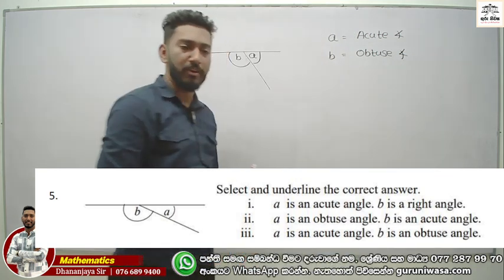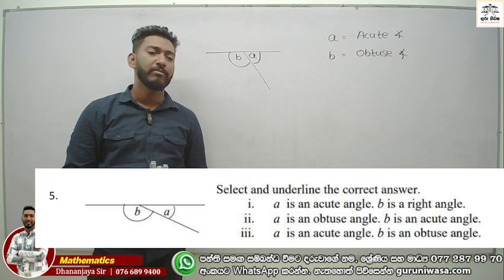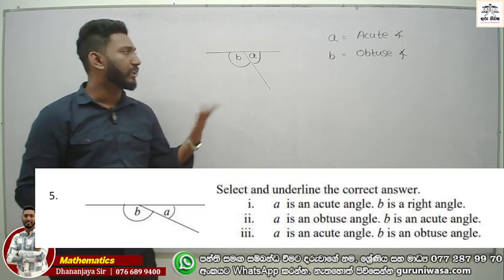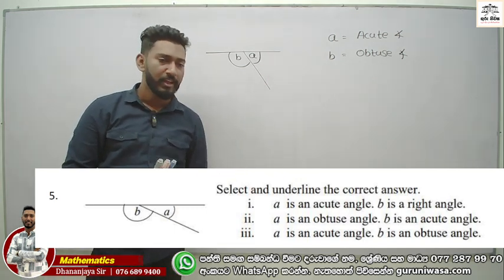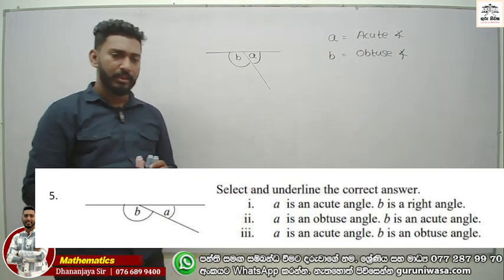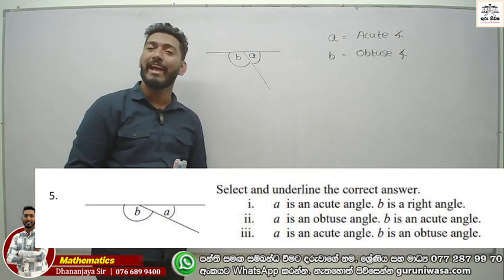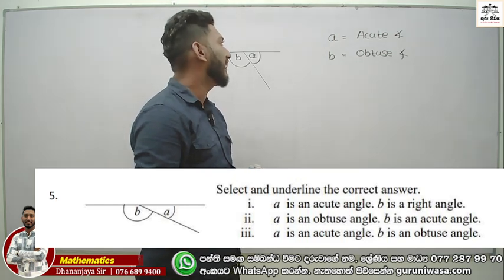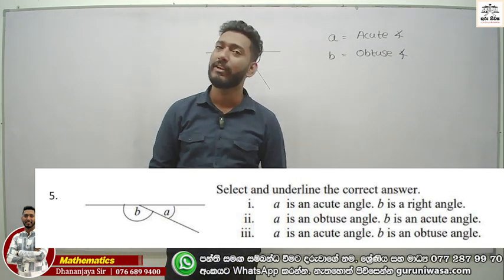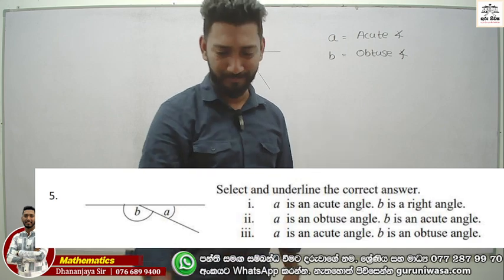Let's read. The first one is wrong. The second one, A is an obtuse angle, is wrong. The last one, simple A is an acute angle, it's okay. Now simple B as an obtuse angle, yeah, that's the correct thing. Therefore, the third one is the correct one.